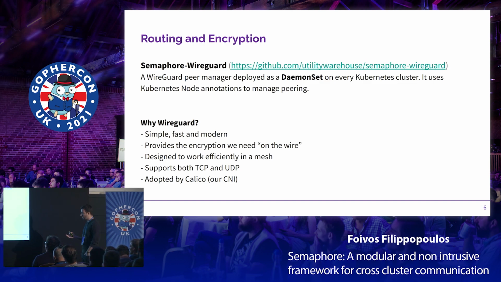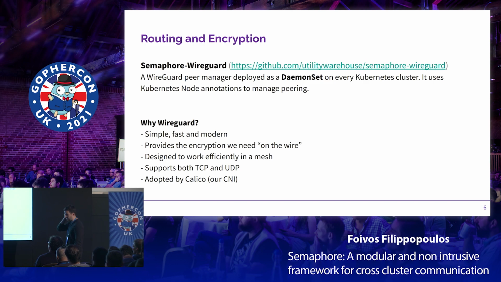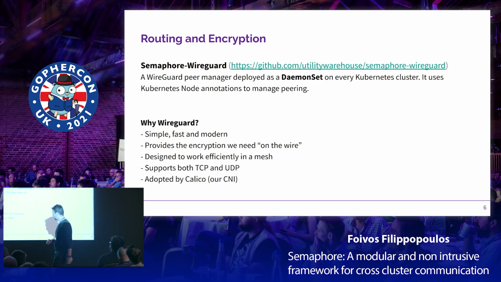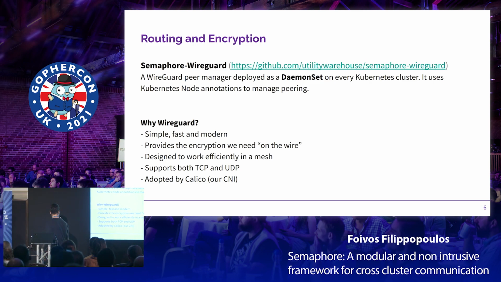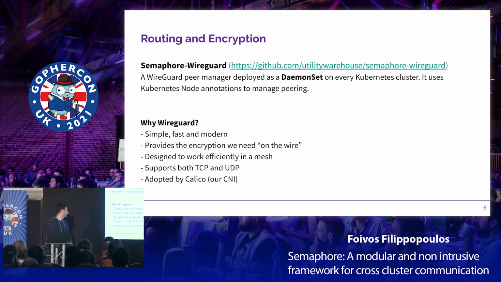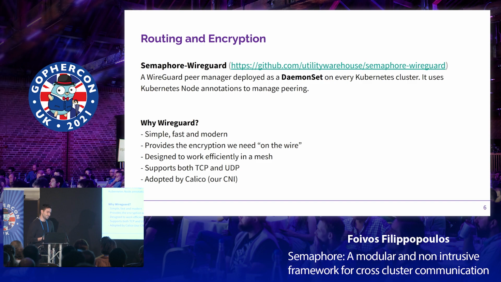Why did we choose WireGuard as the tool to solve this? First of all, it was super hyped, maybe it still is. So why not? It's fun, right? You always need to have fun at your work. But most importantly, it does solve the issue. It does provide the encryption we need.